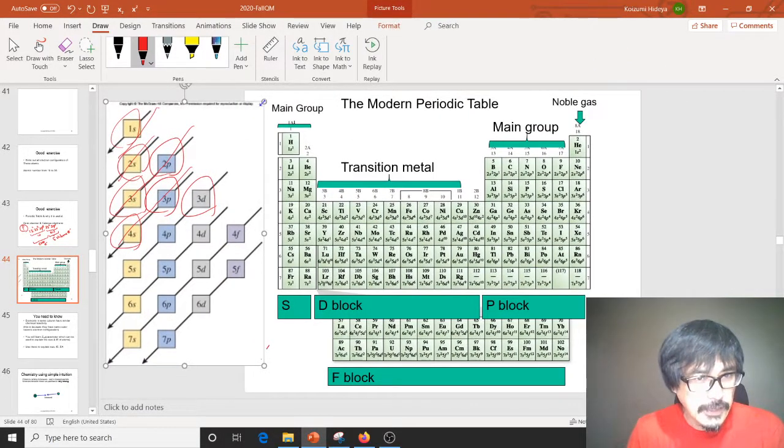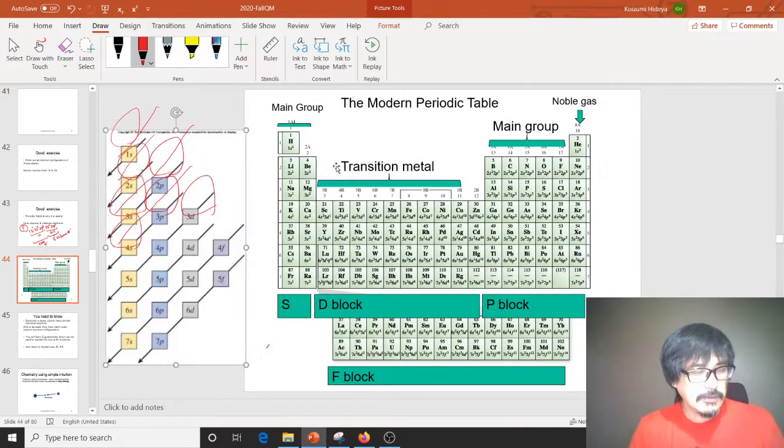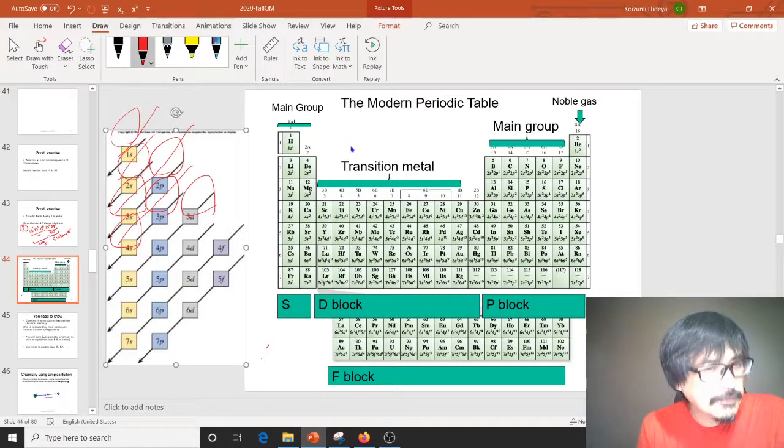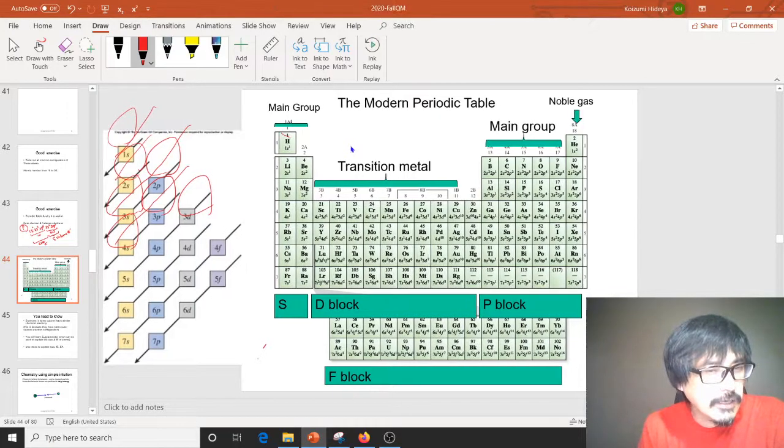So let's actually read from the side, following these numbers here, like 1 and 2 and 3 and 4.